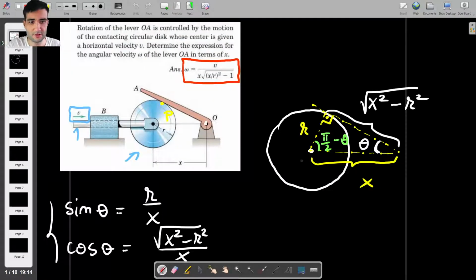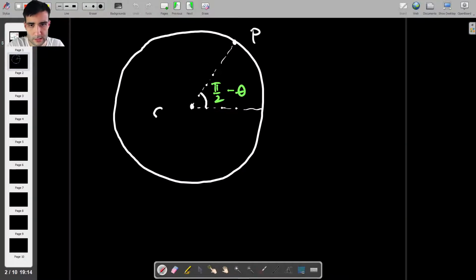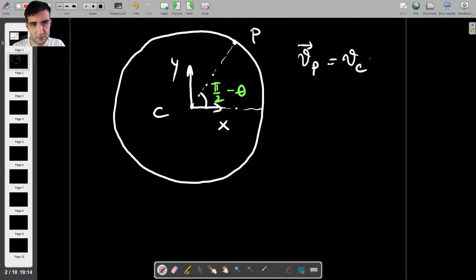And the center of the disk, let's call that C. And I'm going to put my coordinate system into point C like that. So this is going to be my positive x and my positive y direction. And this is what we have. We have the velocity of point P equals, according to Euler's equation, the velocity of C plus a rotation about point C, which is omega cross CP.